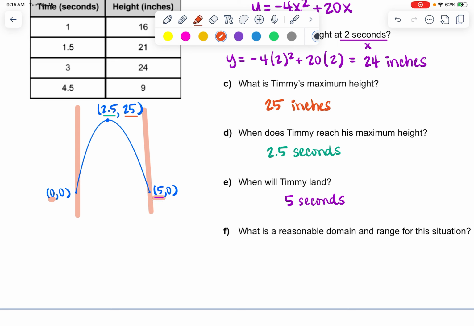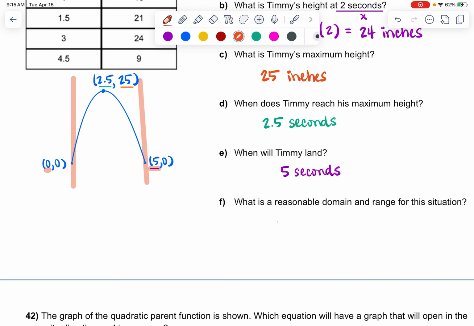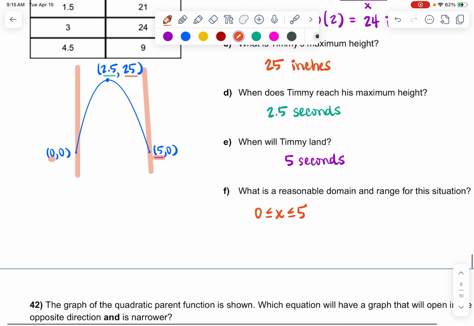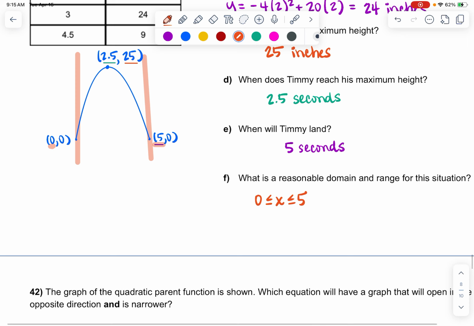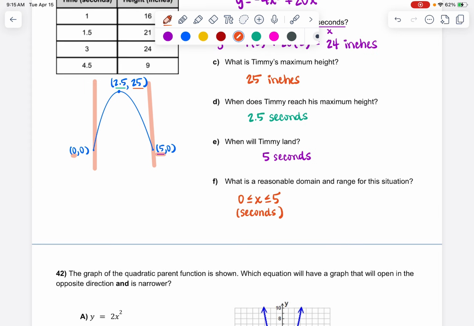So that means our reasonable domain is all the x's between 0 and 5. And then, of course, these are going to be less than or equal to, since he can be jumping over the river at 0 seconds and finishes at 5 seconds and all the time in between. I'm going to put seconds right here, because we're talking about a time that exists on his jump.